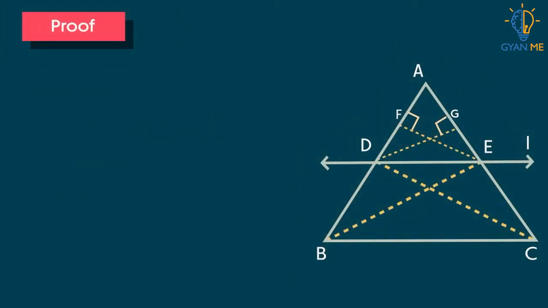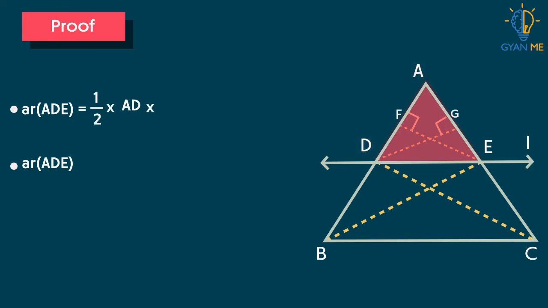So, area of triangle ADE is equal to half into its side AD and perpendicular EF that we constructed. Or for the same triangle, I can also write its area as half into AE, its other side, and DG, which is perpendicular to that side.